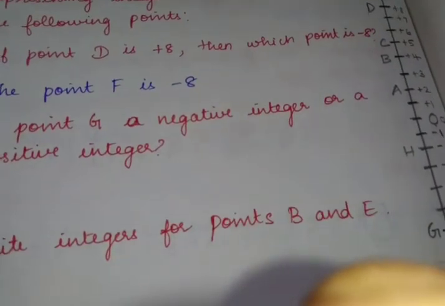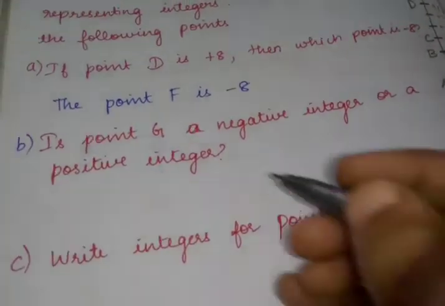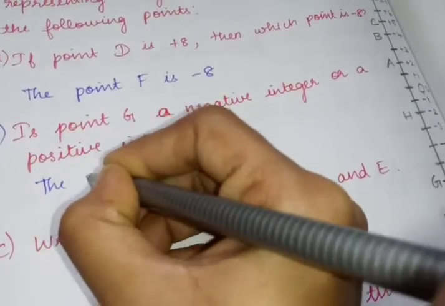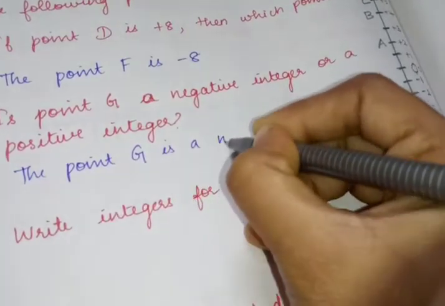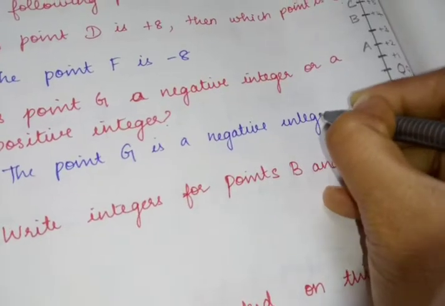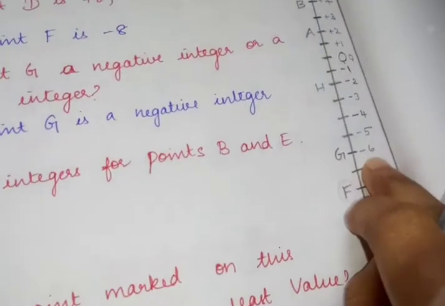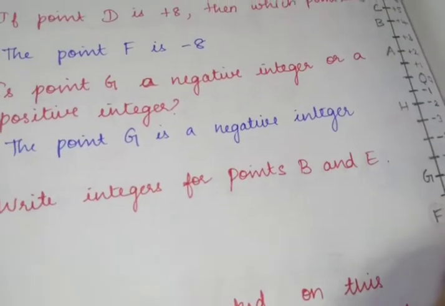Negative integer. Okay, so the point G is a negative integer. Why? Because the value of G is minus 6.